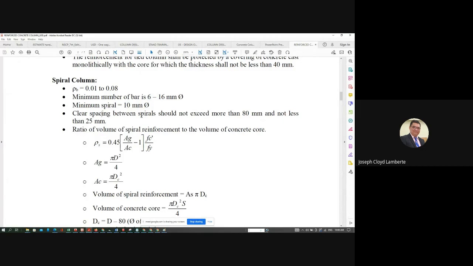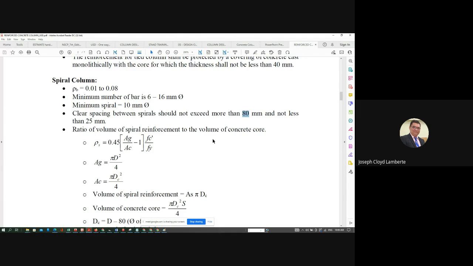Clear spacing between spirals should not exceed more than 80 mm, or this is equivalent sa ACI to 3 inches, and not less than 25 mm or 1 inch. So maximum is only 80 mm. Kung spiral gamiton, ang maximum nga spacing is only 80 mm.